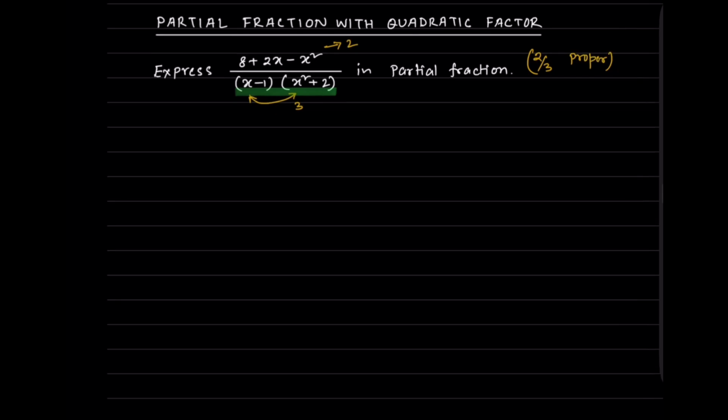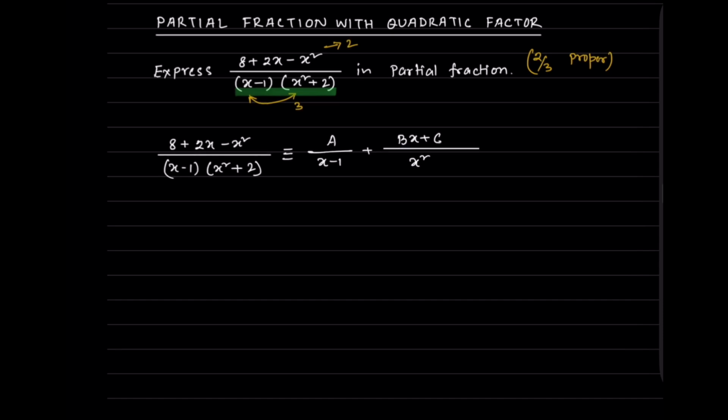We will start like this: (8 plus 2x minus x square) divided by (x minus 1)(x square plus 2) identical to a by (x minus 1) plus (bx plus c) by (x square plus 2).